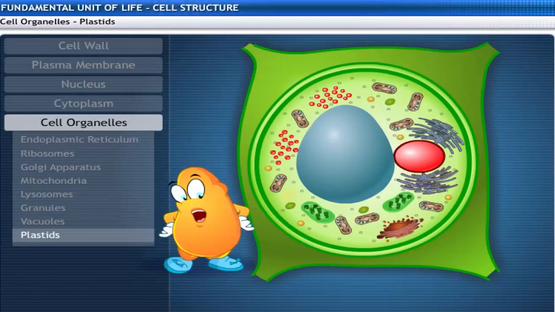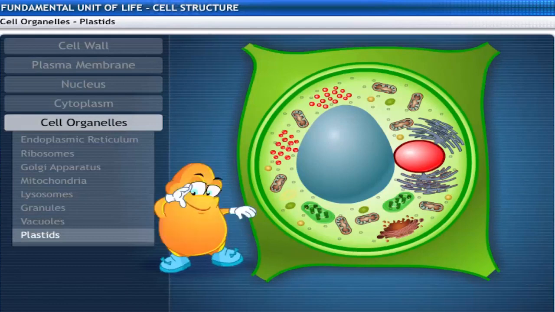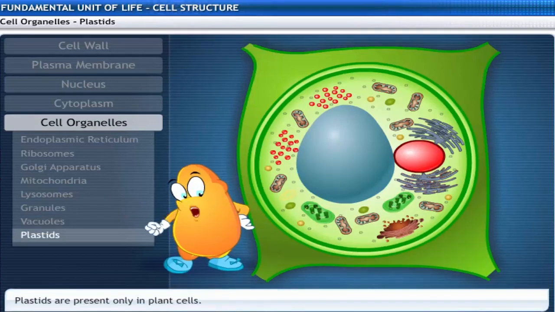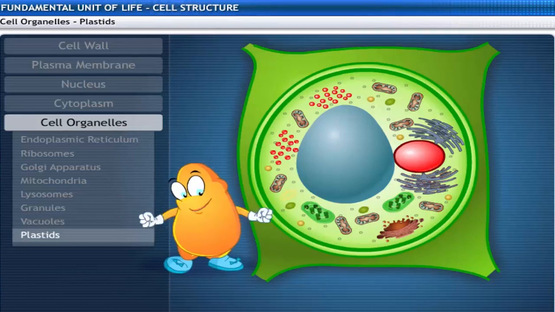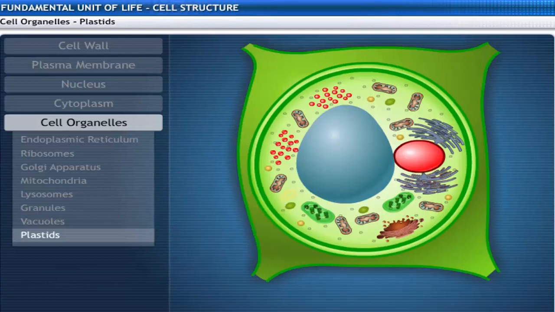You've seen this cell before, haven't you? Yes, it's a plant cell. I'll show you an organelle present only in plant cells, the plastids. There are two types of plastids: colored plastids called chromoplasts and colorless plastids called leucoplasts.